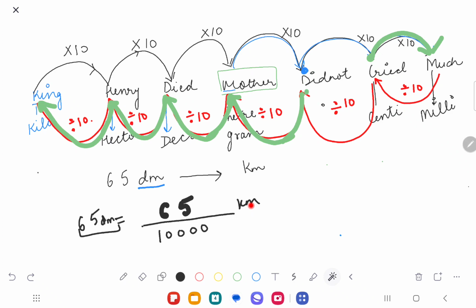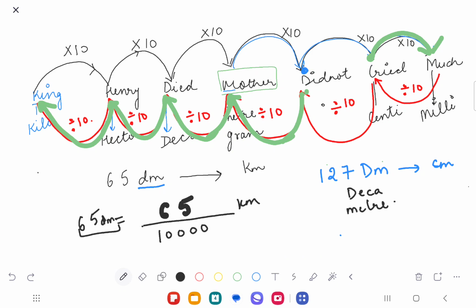Now tell me the answer. If I say 127 decameter to centimeter, capital DM would mean decameter. So will you be able to convert this now? 1, 2, 3.